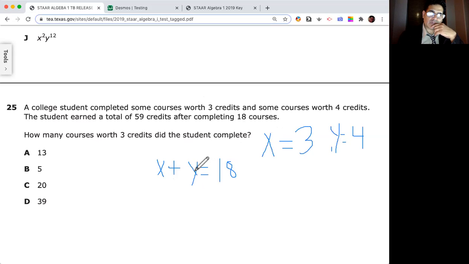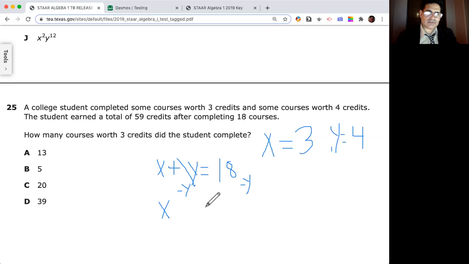So we want to get x by itself, so we take away y. Cancel this out. x equals minus y plus 18, or 18 minus y.